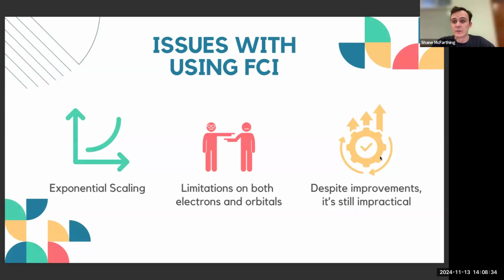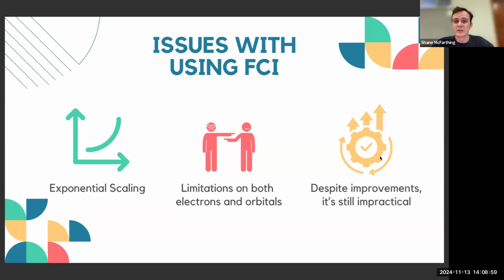So we know it gives us the exact answer, but it has exponential scaling, linked to both the number of electrons and the number of orbitals. That's unfortunate, because we end up in a bit of a deadlock where this methodology can't really be applied to systems that have a meaningful number of orbitals and electrons.